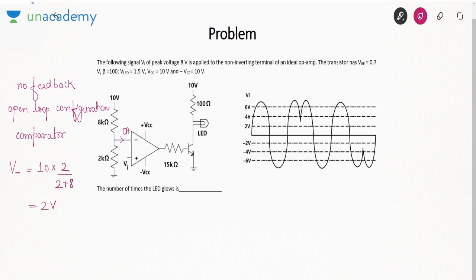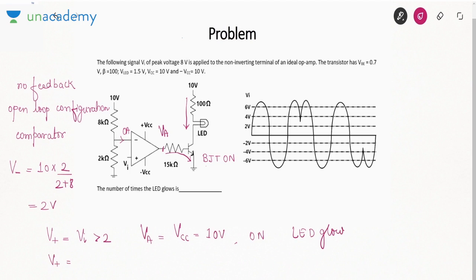Now see how this circuit will work. If positive terminal voltage Vi is greater than 2 volt, the output voltage Vo is plus Vsat or VCC, which is 10 volt. If this is 10 volt, the BJT will turn on. If the BJT is on, current will flow through the BJT and the LED will glow.